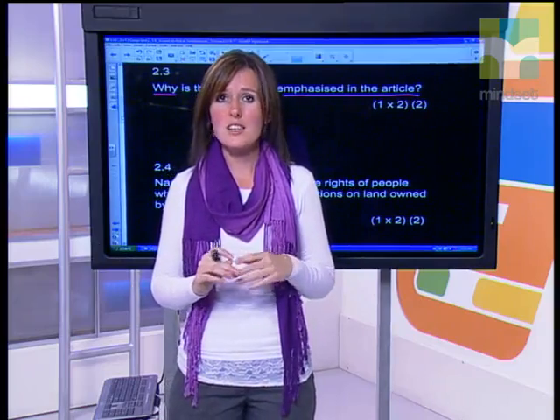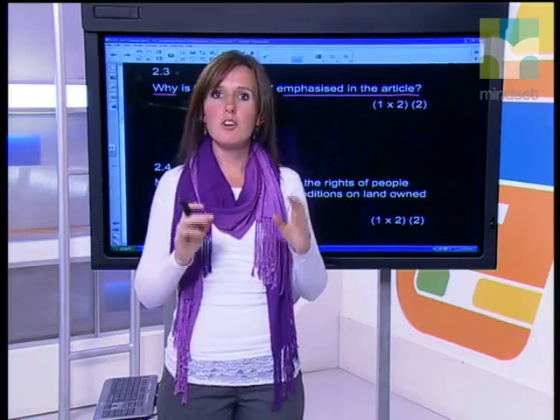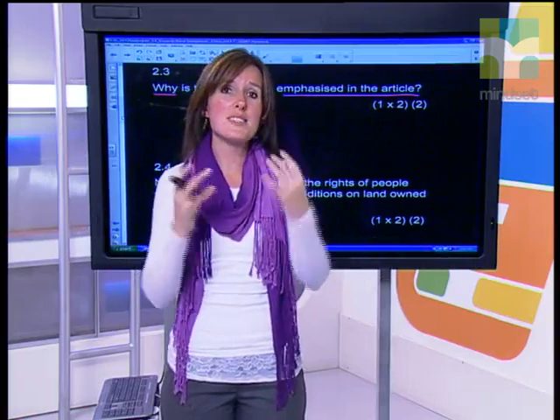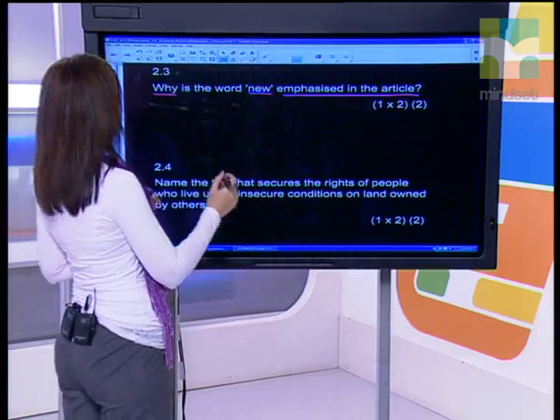Right, so even though we're referring to the new South Africa, it means that some of these issues that should have been sorted out, they're not. In the new South Africa, we still have people without access to their basic needs. So you need to get that point across in this answer. Let's write something down here.